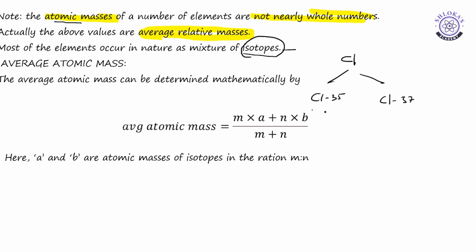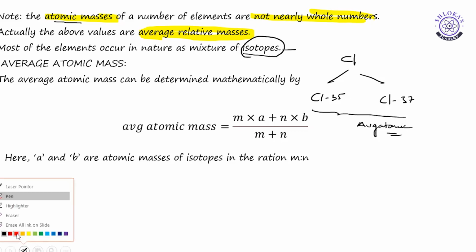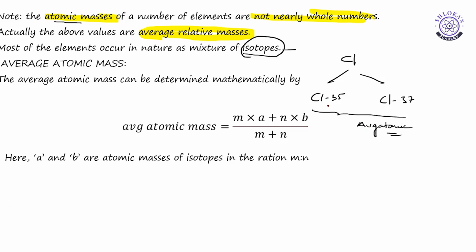Then how to find out the average atomic mass of chlorine? For that, two things we should know. One is the relative abundance of chlorine 35. For example, in nature chlorine 35 has a relative occurrence of 75%, and chlorine 37 is 25%. This is called relative abundance.